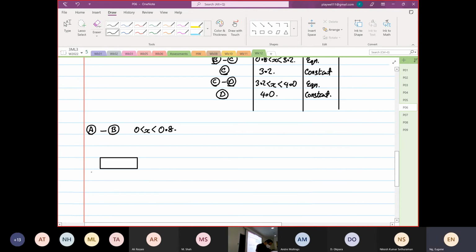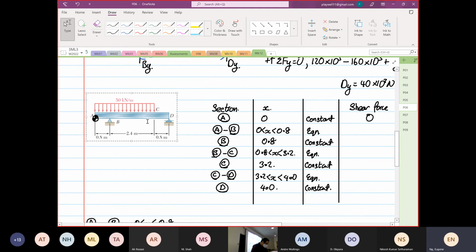So point A, geometric datum, X. Over here will be 50 times 10 to the power 3 X, because the distributed load, let me get this diagram. This diagram is important.